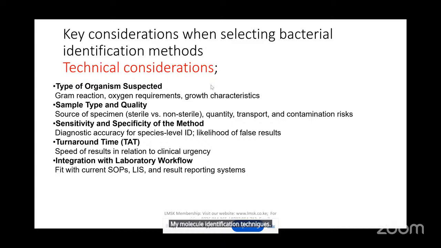So now that we know all these techniques, what are some of the considerations that we make to select the different methods that we are going to use? I differentiated this in terms of technical considerations and management considerations.